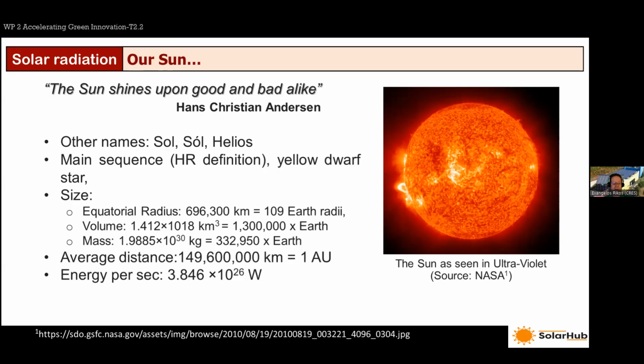It's estimated that the energy that the sun releases per second is around 4 times 10 to the power of 26 watts. So we are talking about a huge amount of energy, which of course propagates radially around the sun in a spherical shape.